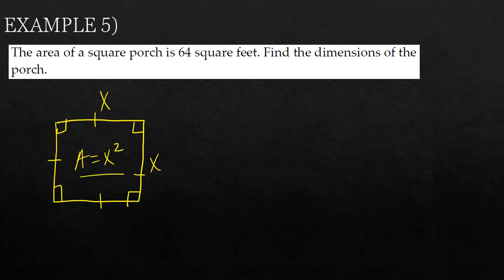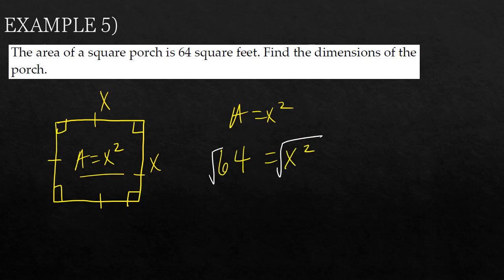So we created our own equation. Here, the square porch is 64 square feet, so we have 64 equals x squared. Easy enough. Take the square root, and we get 8 equals x. Okay? 8.